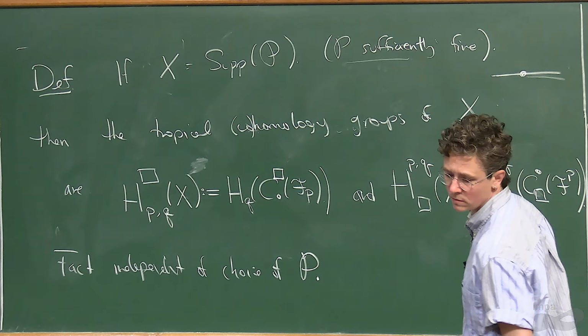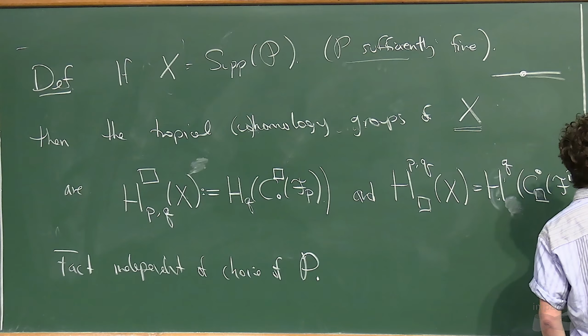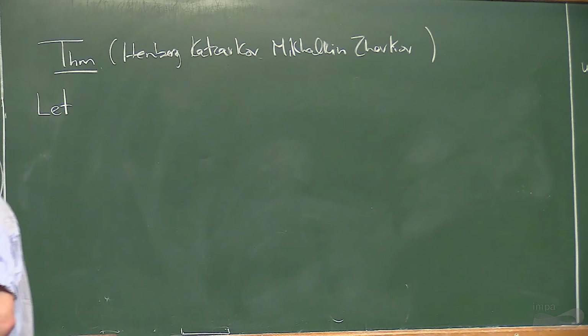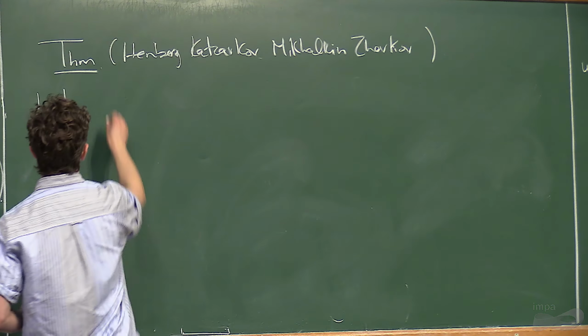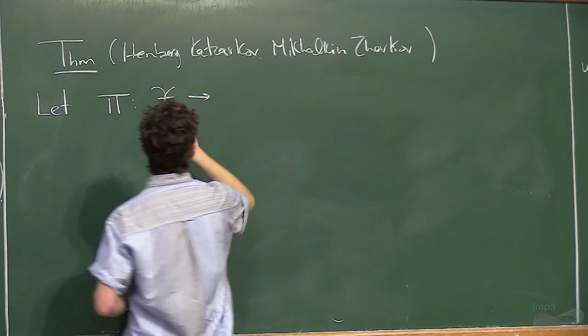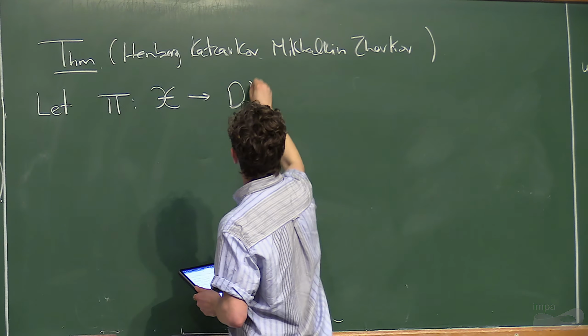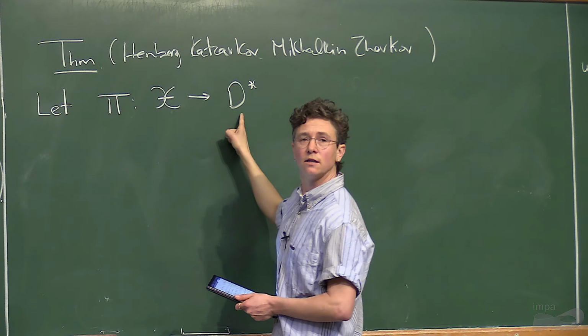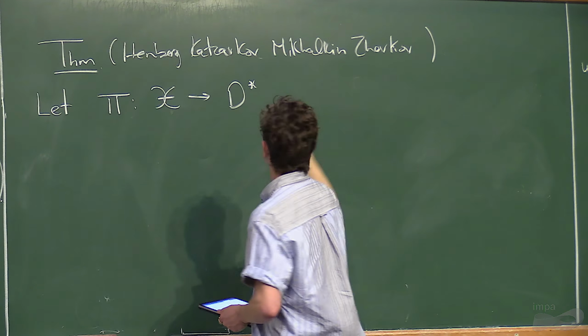So this theorem relates these invariants to Hodge numbers and even mixed Hodge structures. Let pi be a projection map from a family of projective varieties to the punctured disk.